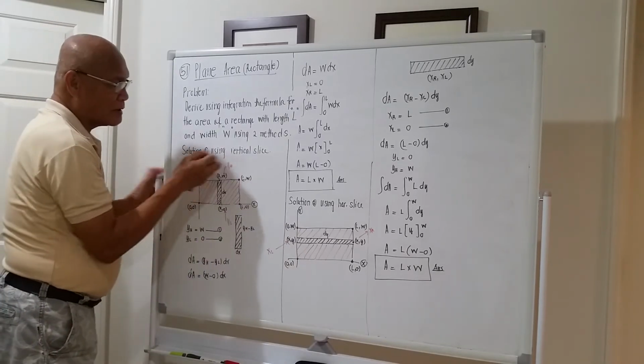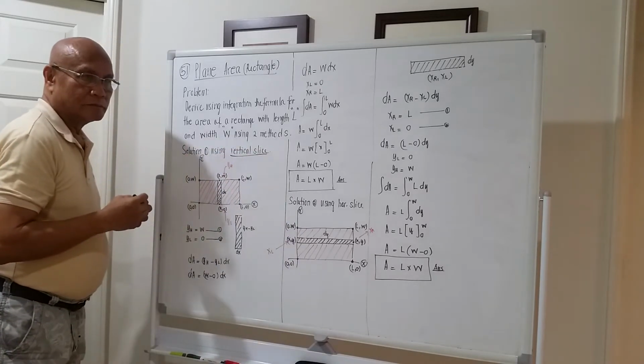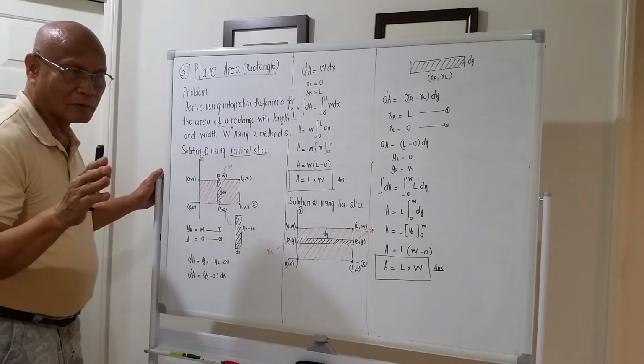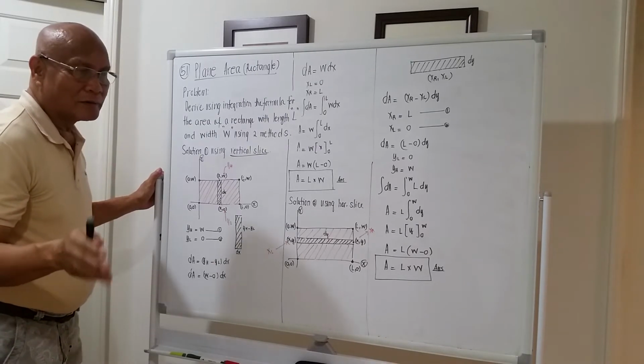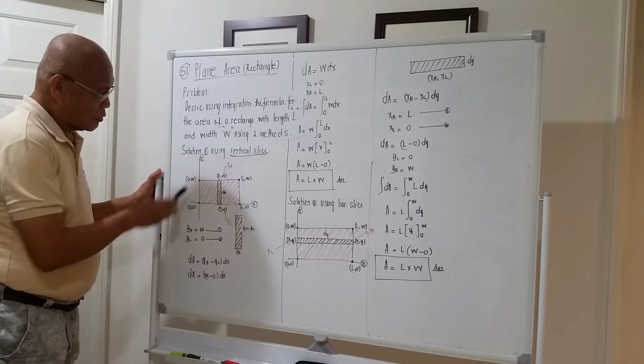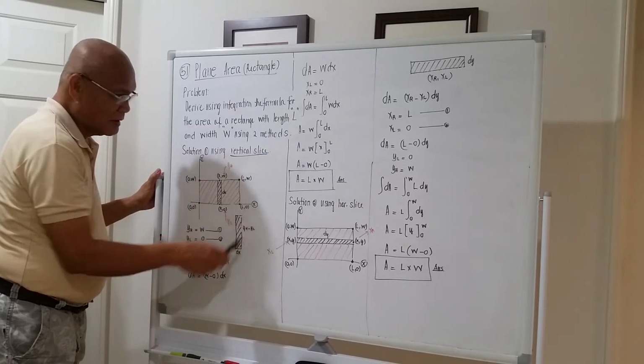Solution number one using vertical slice. The number one requirement is that we must figure out the rectangle on the Cartesian coordinate system. So we will draw the y-axis and the x-axis.